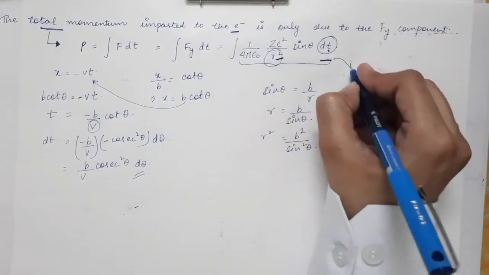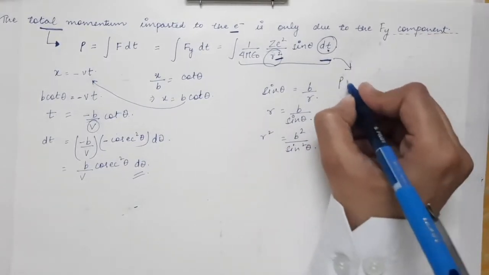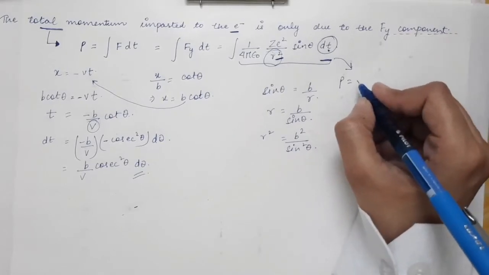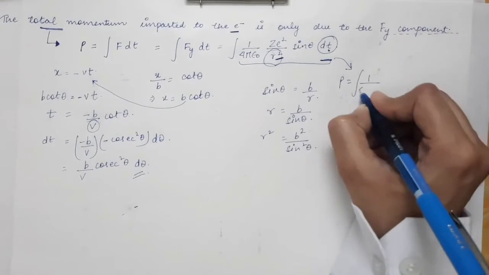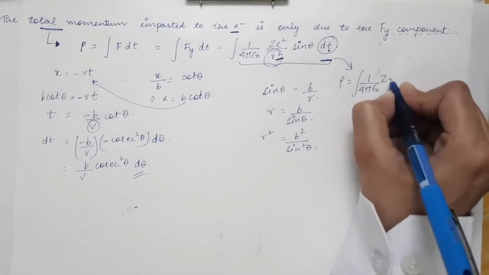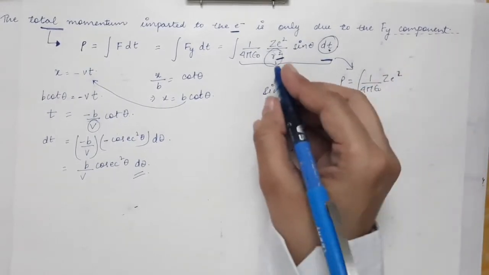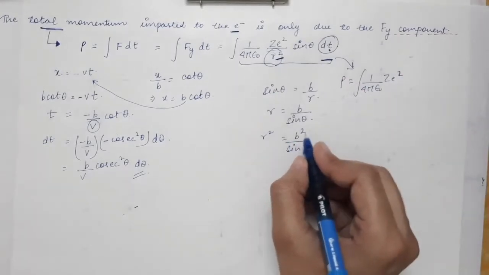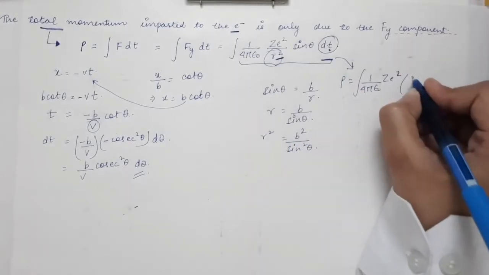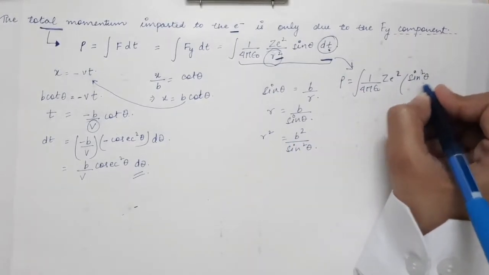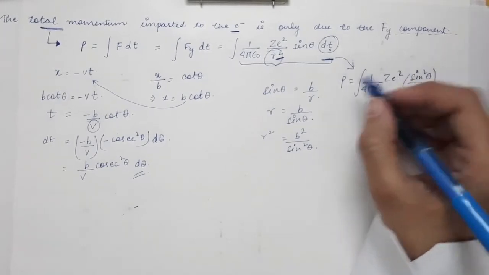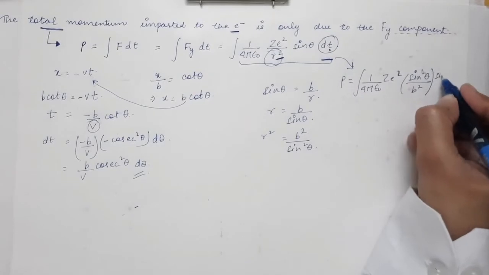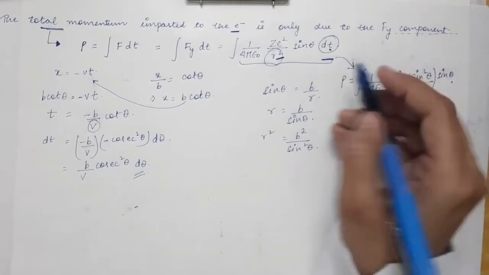So this expression will be equal to the momentum imparted to a single electron, which will be equal to 1 by 4 pi epsilon naught z e square as it is. Now we have to divide by r square. So r square is b square by sine square theta. So we will get sine square theta by b square, into we have sine theta, and into we have dt.